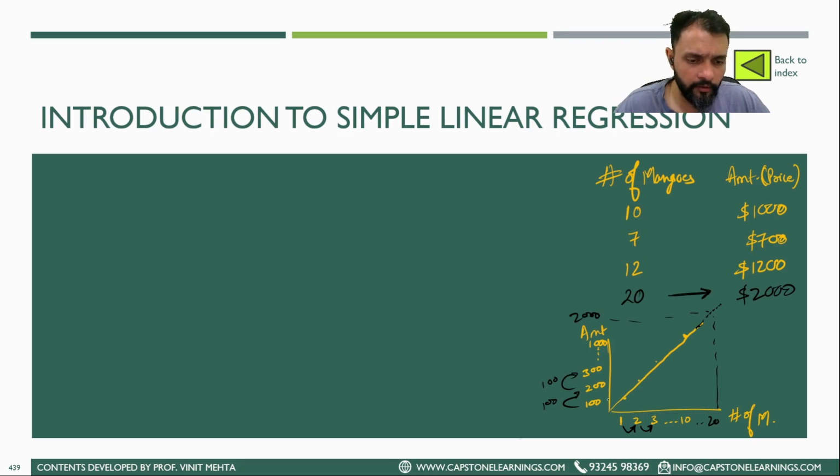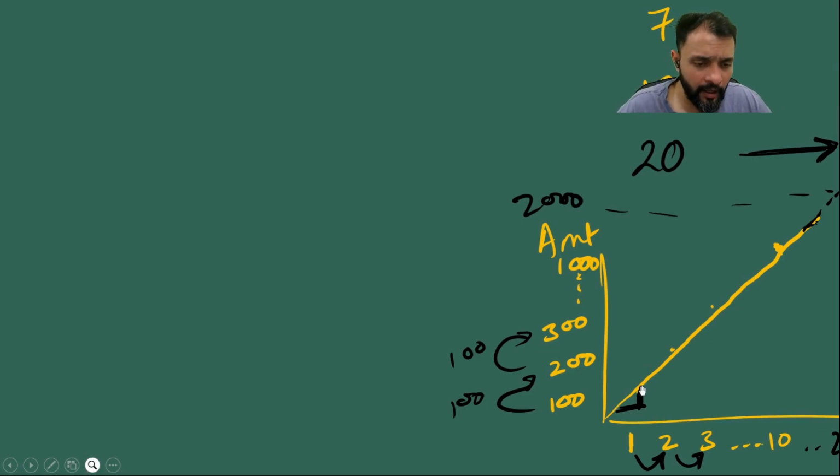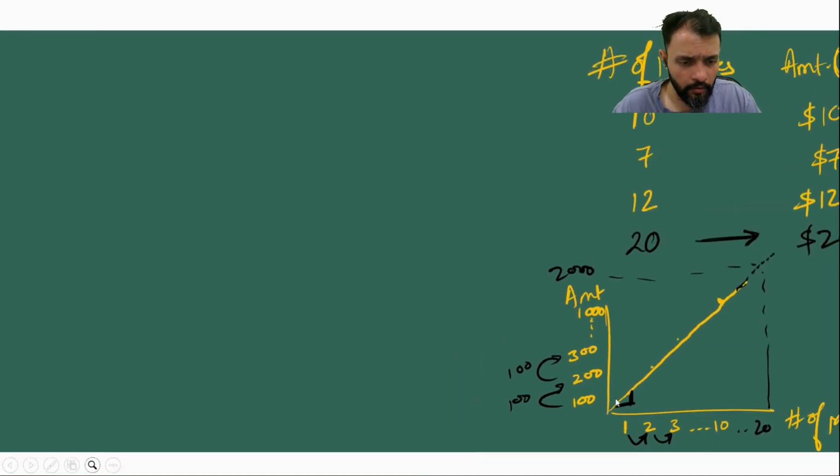So if you observe, when the number of mangoes increases by 1, the amount increases by 100. So that becomes your slope. How do I explain this? The horizontal black line is 1 and the vertical black line is 100. Are you getting it? I'll zoom out.